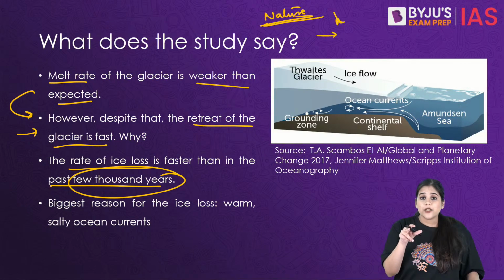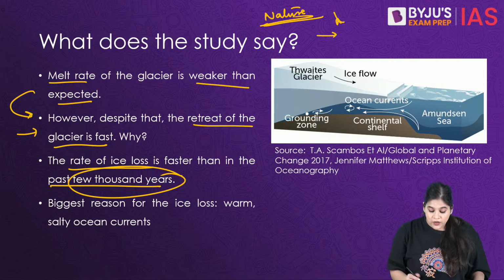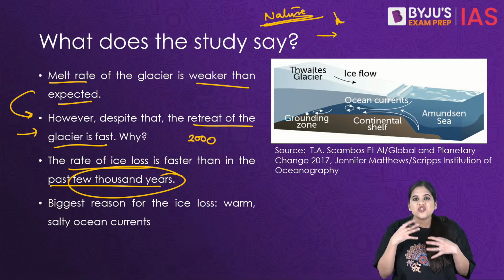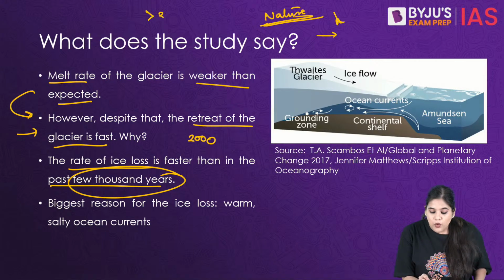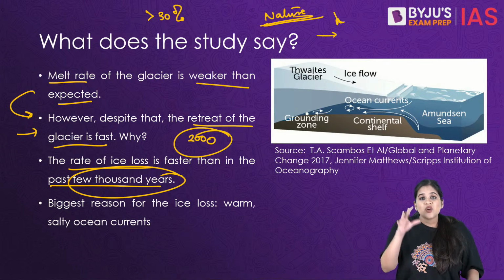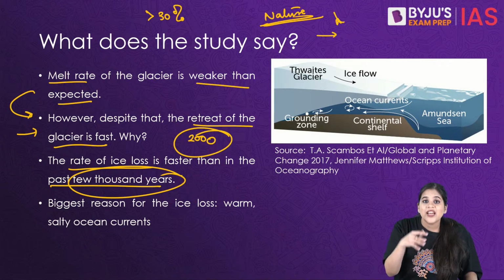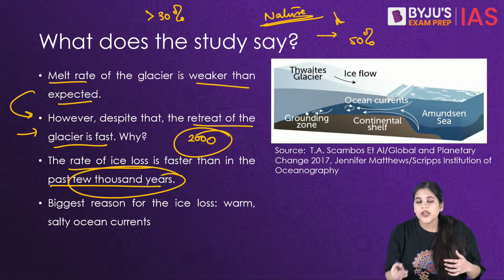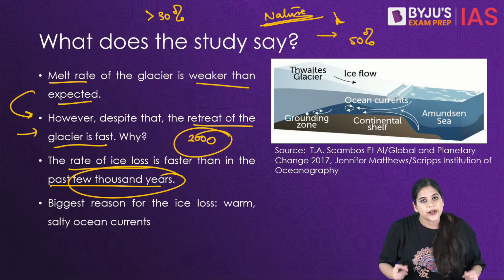We have already seen that since the year 2000, the rate of ice loss has increased by more than 30%. In fact, since 2000, Thwaites Glacier alone is responsible for 50% of ice loss in Antarctica.